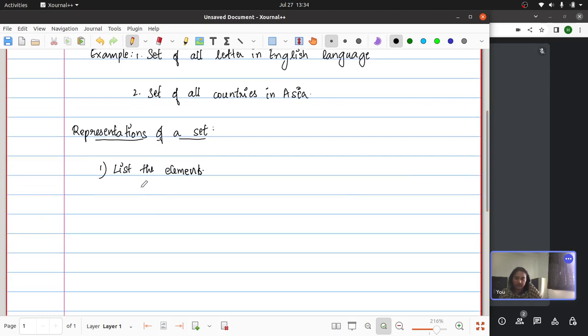This is the notation used for listing the elements. You just say what all it contains. So if you want to say 1, 2, 3, you put it inside these curly brackets, or A, B, C, D, E and so on.